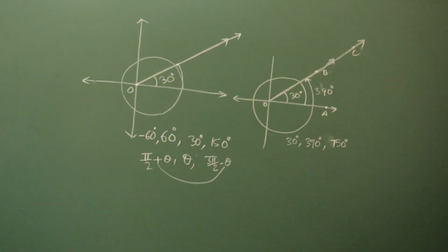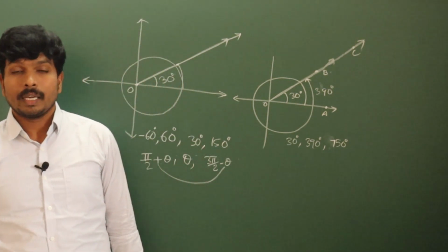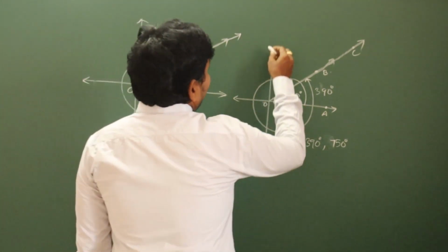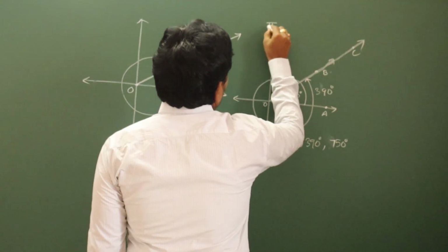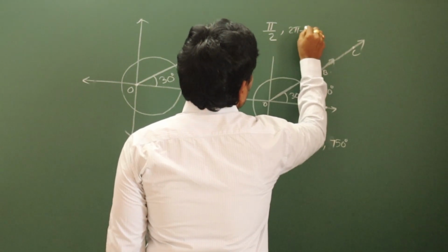So we discussed allied angles and coterminal angles. Okay, what is the coterminal angle of pi by 2? Coterminal angle of pi by 2: 2 pi plus pi by 2.